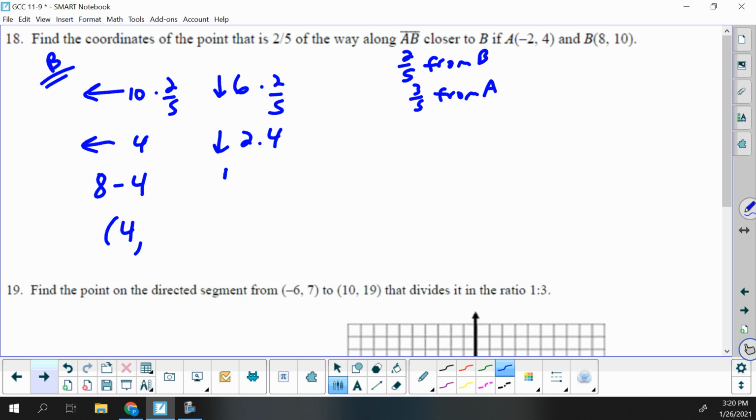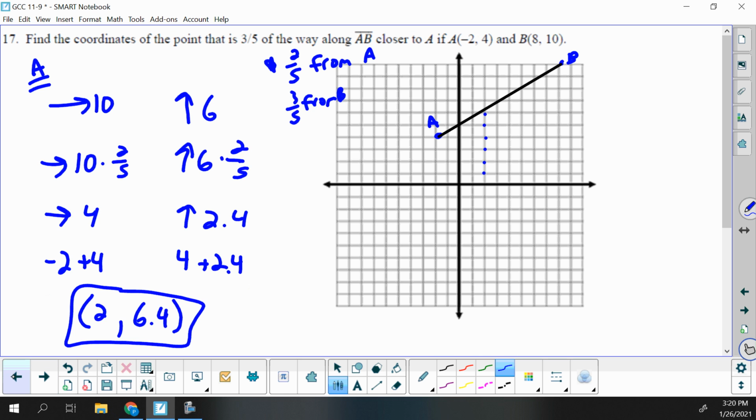Our y value for B was 10. If we're moving down, we're subtracting. 10 minus 2 is 8. 8 minus 0.4 is 7.6. We'll look at our graph and see if 7.6 is roughly on there. 1, 2, 3, 4, 5, 6, 7. And it looks like 7.6 is reasonable.